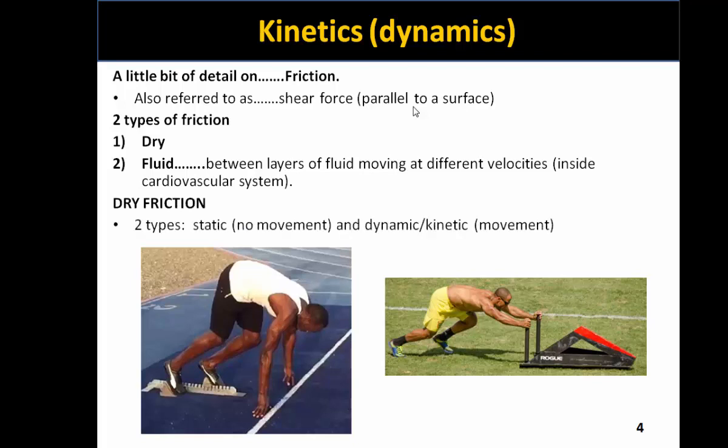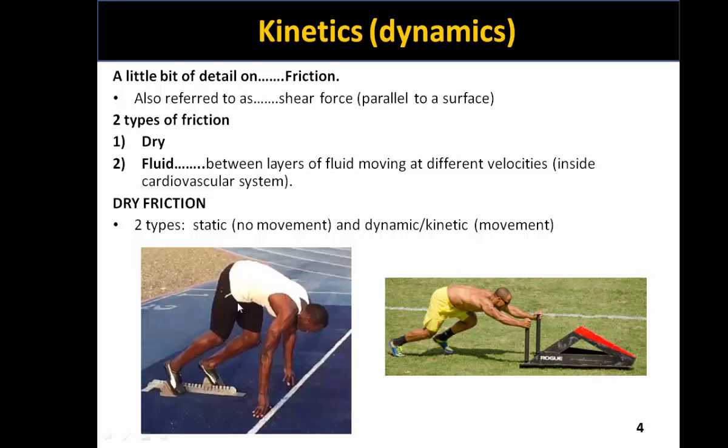But coming back to dry friction, there are two types of dry friction. There's static dry friction, in which there is no movement, no sliding of an object against the surface, and dynamic, more commonly referred to as kinetic friction. That's the friction between two surfaces during the course of the object moving along, or rather sliding along, a surface.